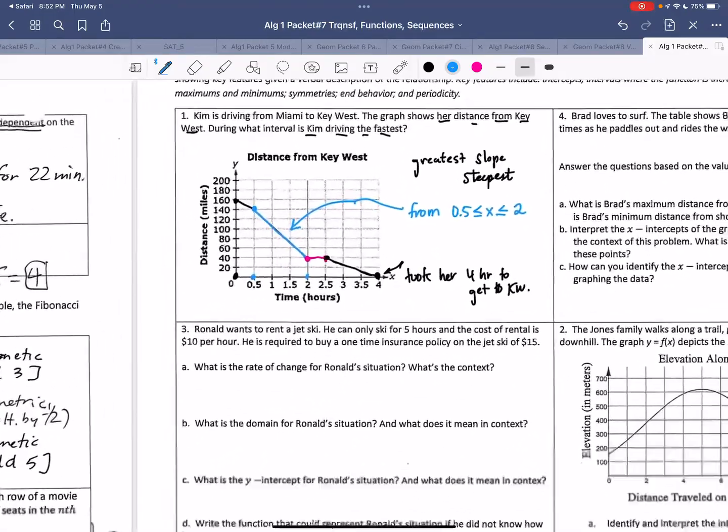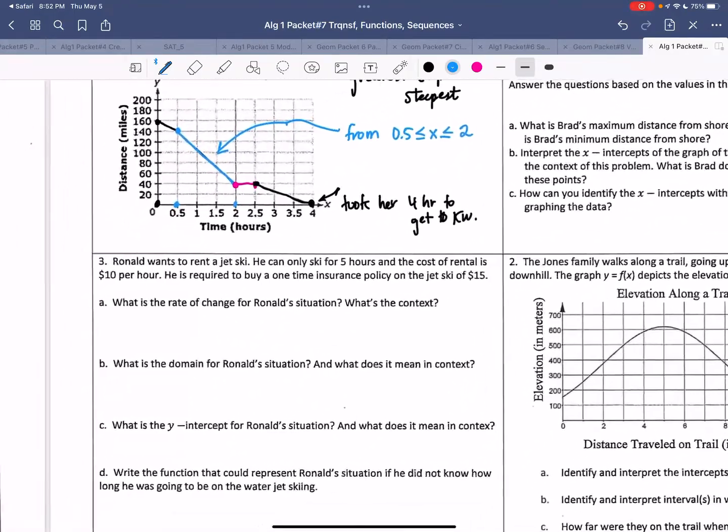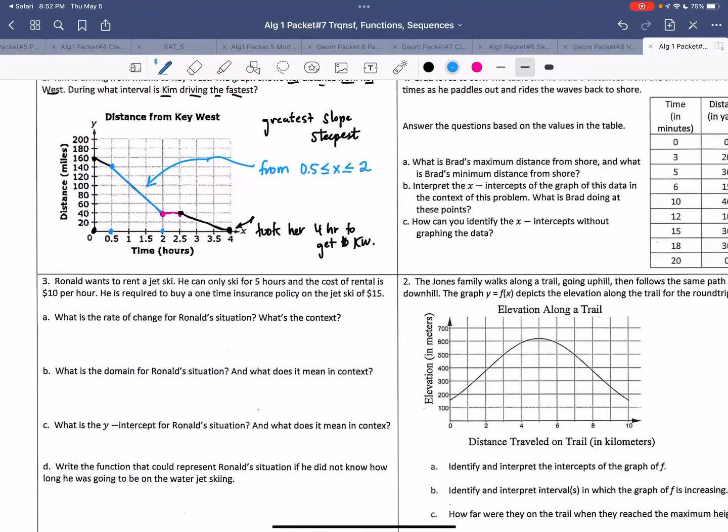Interesting, right? Now question number 3 says, Ronald wants to rent a jet ski. He can only ski for 5 hours, and the cost of the rental is $10 an hour. So if he wants to ski the whole time, it would cost $50.